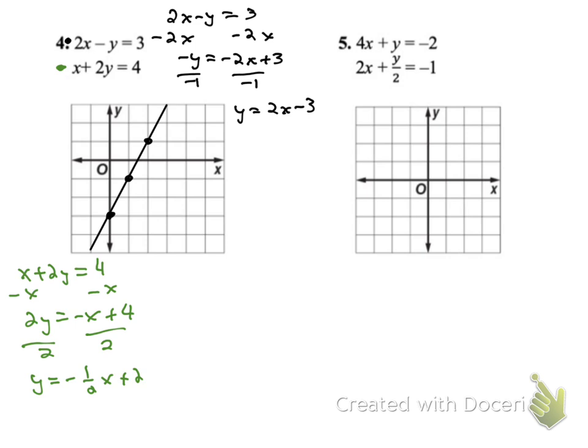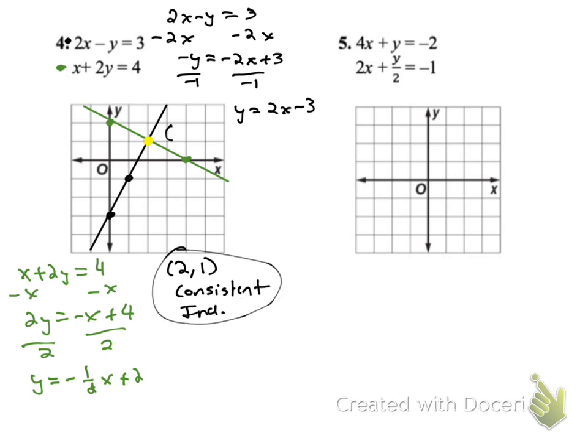The y-intercept is at 2, and I go down 1, right 2, and I have my point of intersection right there at (2, 1). So that would be consistent and independent, with a point of intersection at (2, 1).